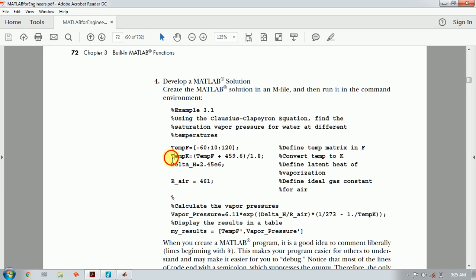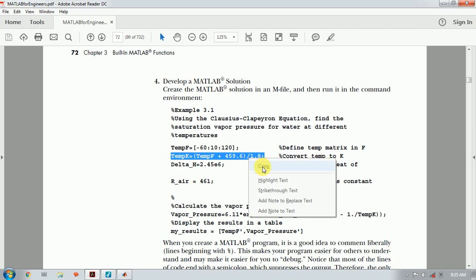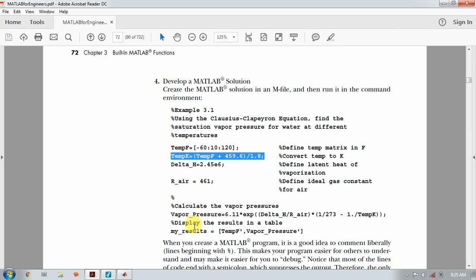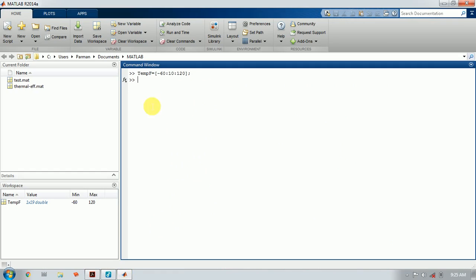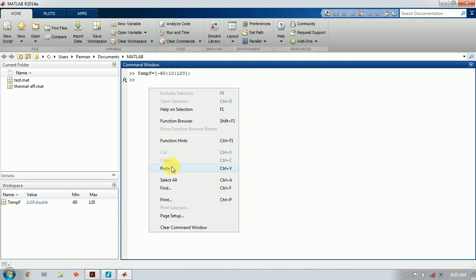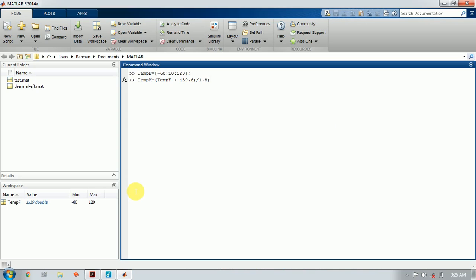And this is the conversion from degrees Fahrenheit to degrees Kelvin. And this is the workspace.